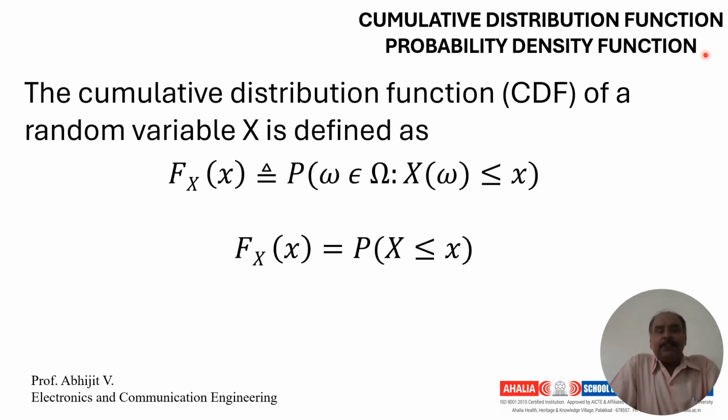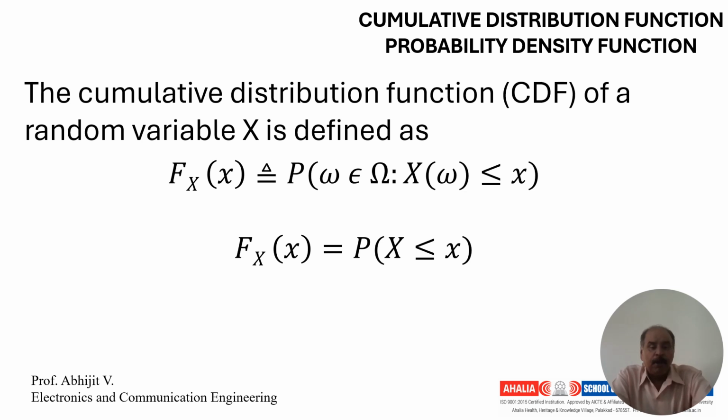So let us consider a random variable capital X. The cumulative distribution function, or CDF, is defined as Fx of x, which is the probability that omega, small omega, is an element of the sample space capital Omega, and X of omega, the random variable, is less than small x.